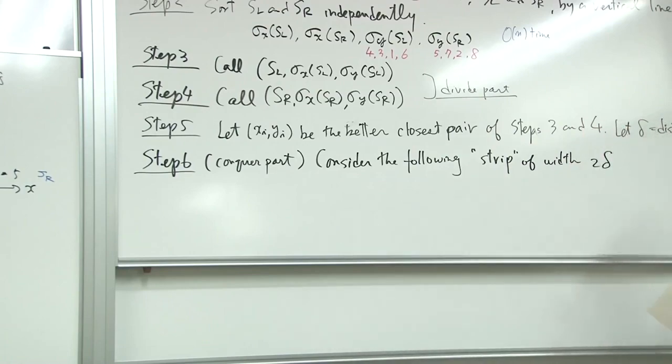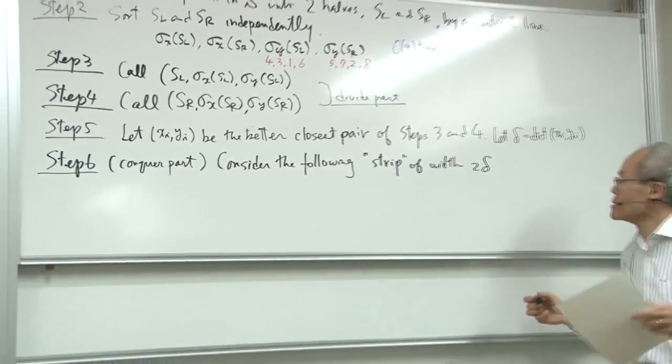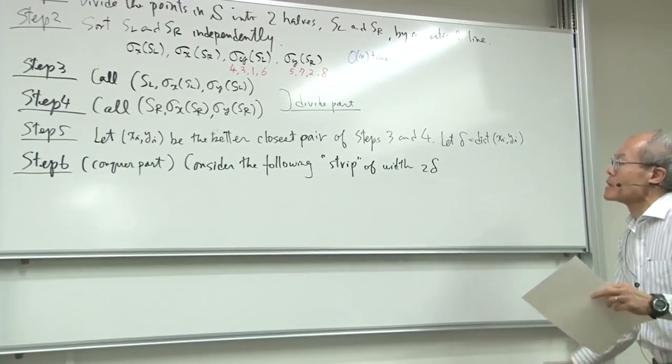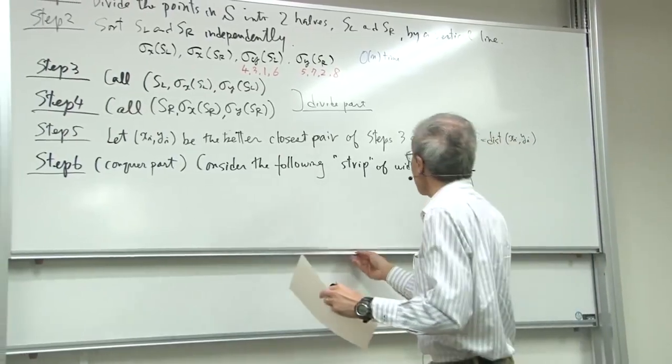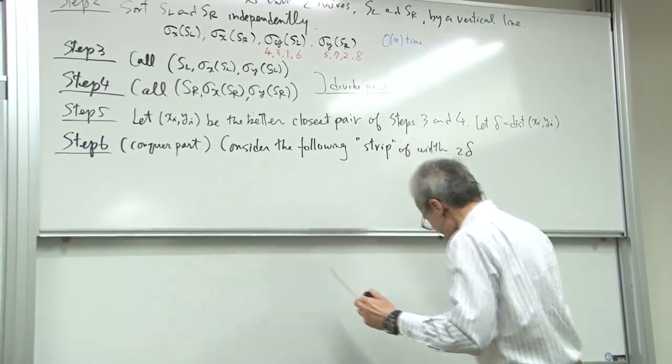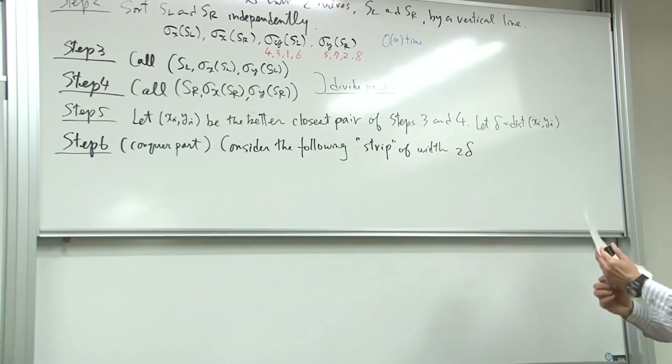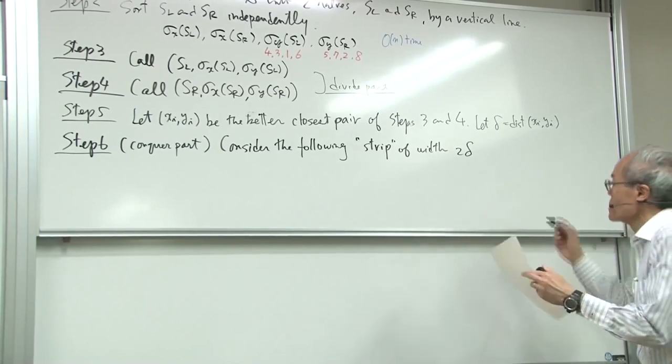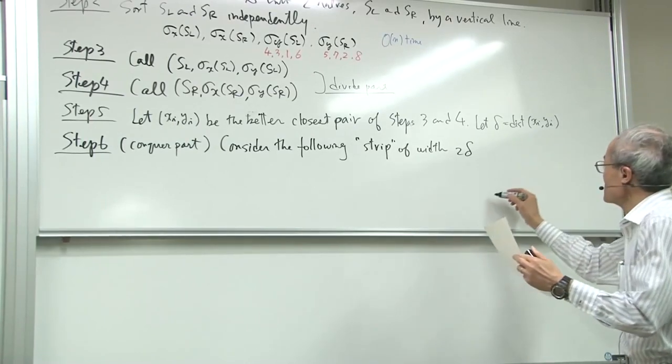Okay. So we consider the following strip of width 2 delta.